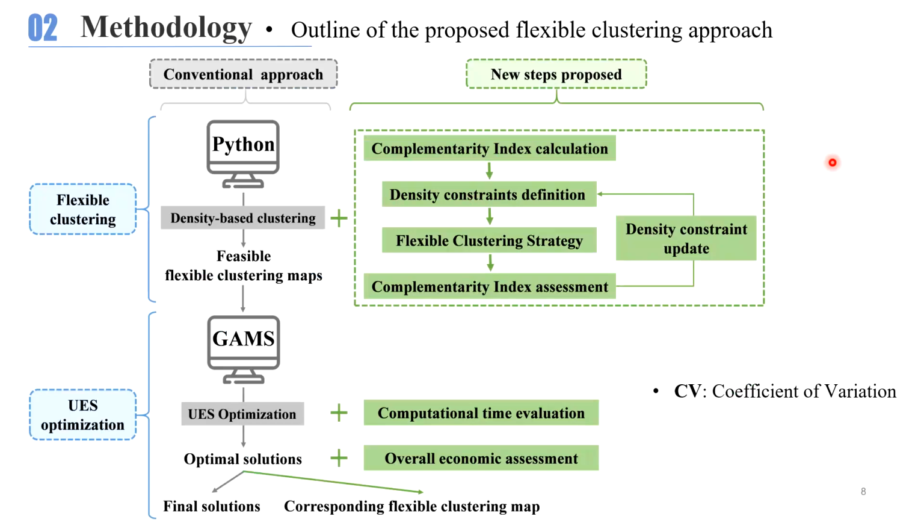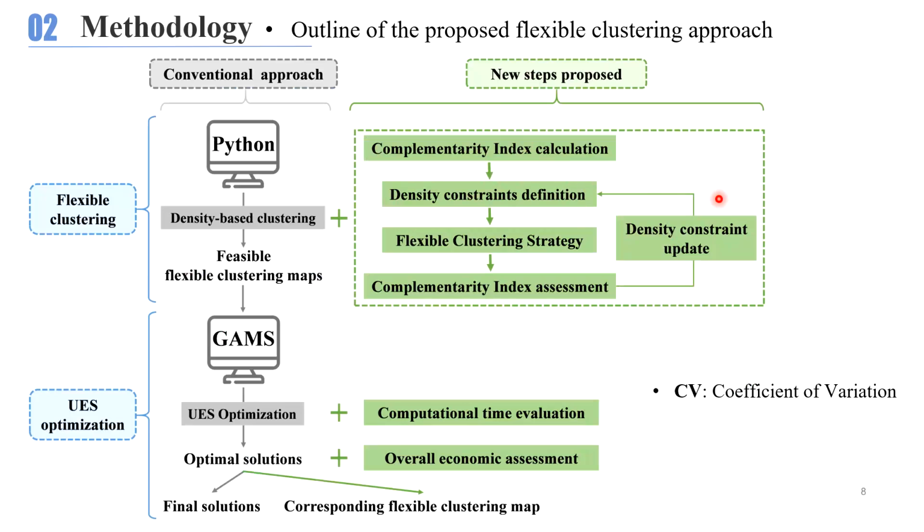The second one is complementarity index. And in this study, the coefficient of variation, namely the CV value, is selected to evaluate the demand complementarity for different types of buildings. And once a basic clustering map is obtained, the density and the CV value of that cluster can be calculated.